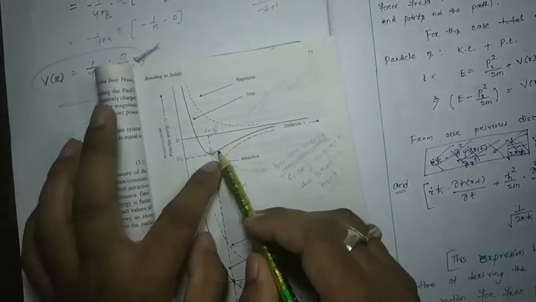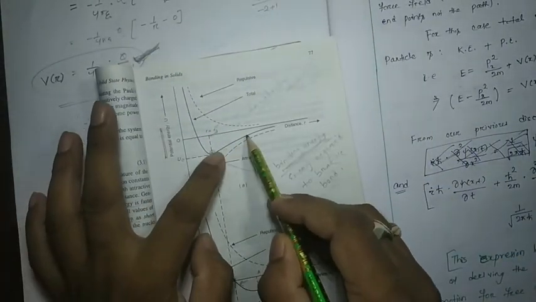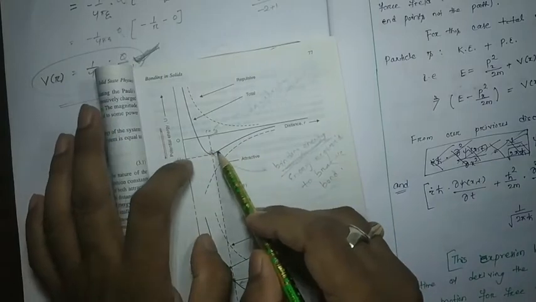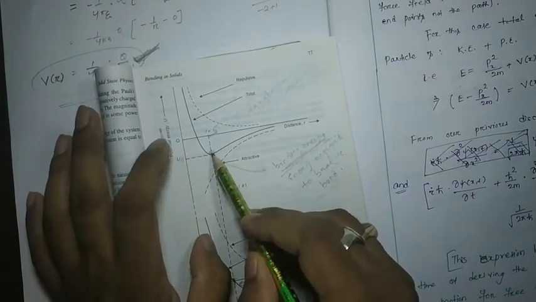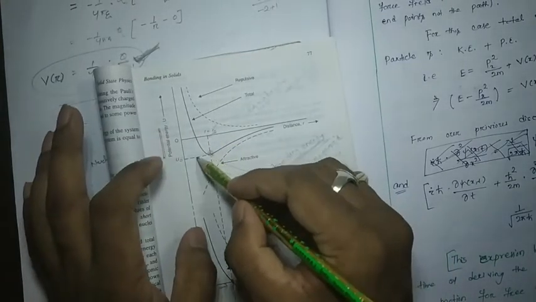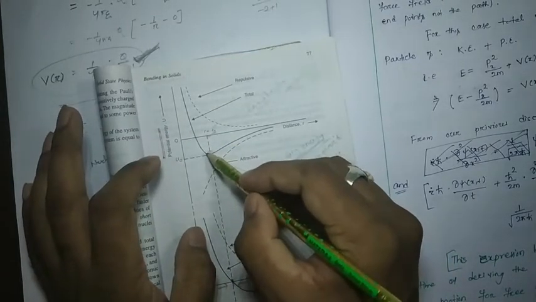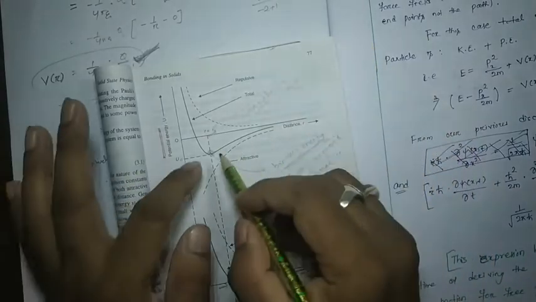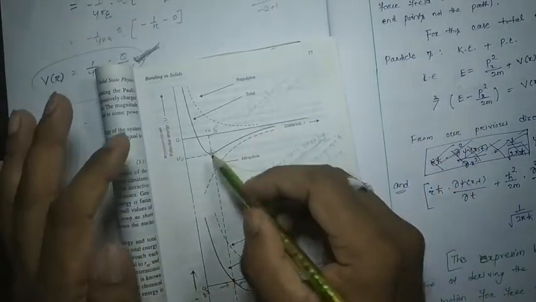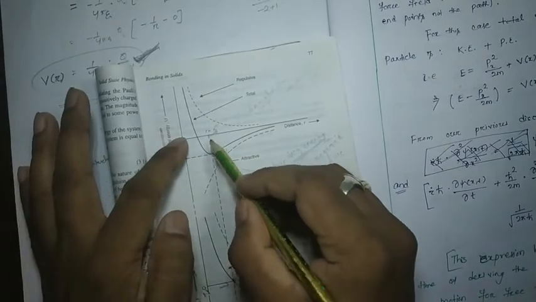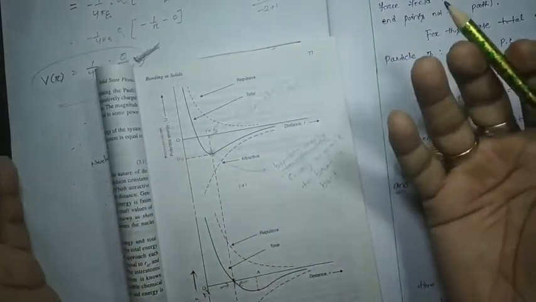But if we move in this way, the attractive nature will somewhat increase, and if we move in this way, the repulsive nature also will increase. So in this way, at this distance we get the equilibrium position.